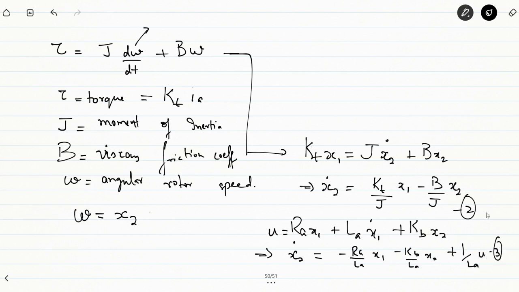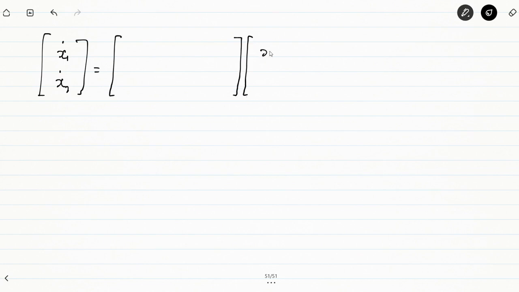So this is equation number 3. Equation number 3 gives us x1 dot, and equation number 2 gives us x2 dot. So putting them in the state space form, x1 dot, x2 dot is equal to a matrix times x1, x2, plus something times u.